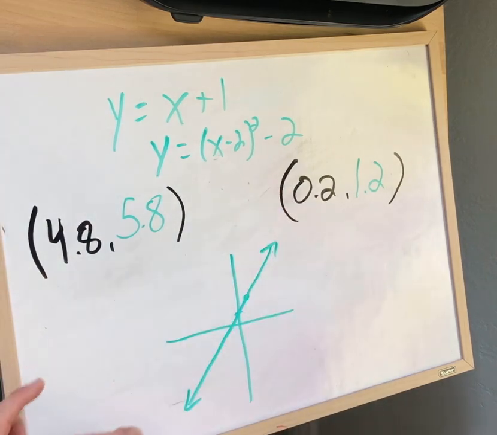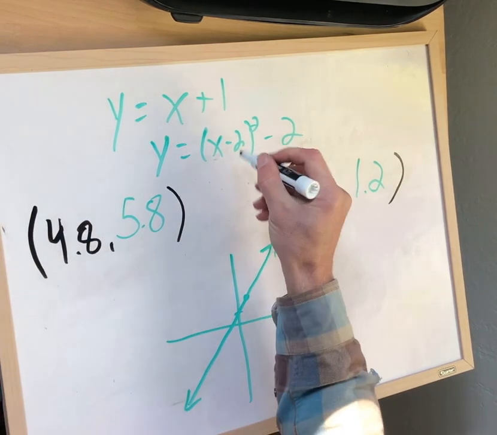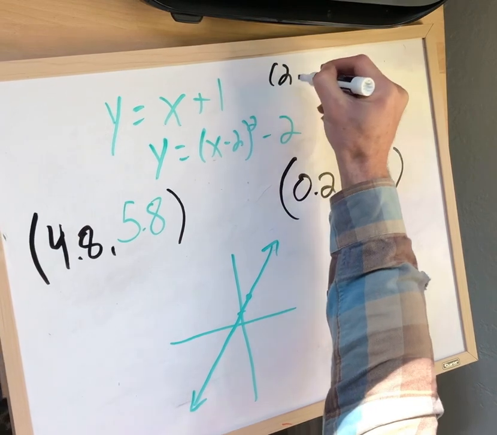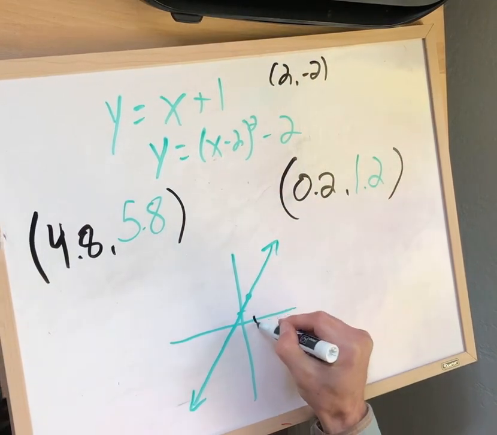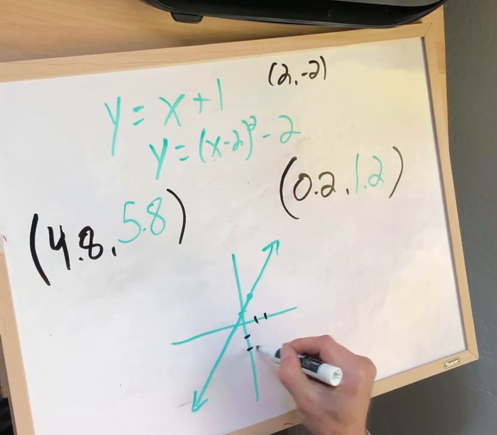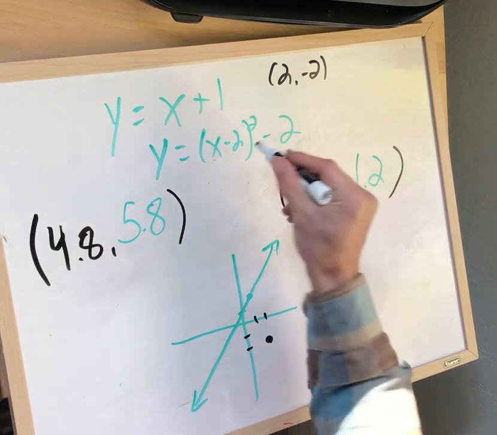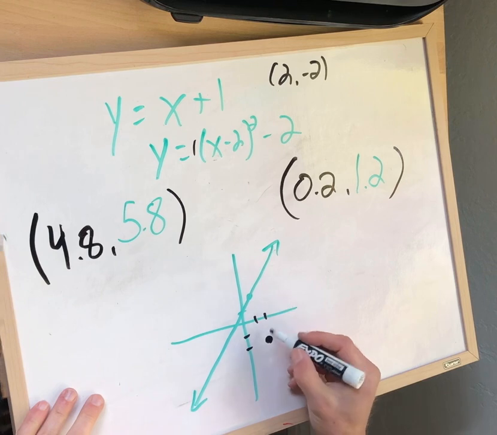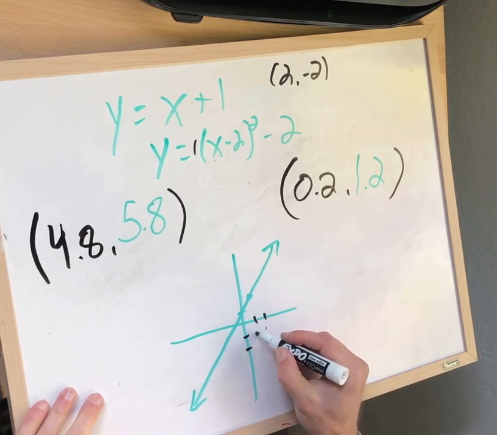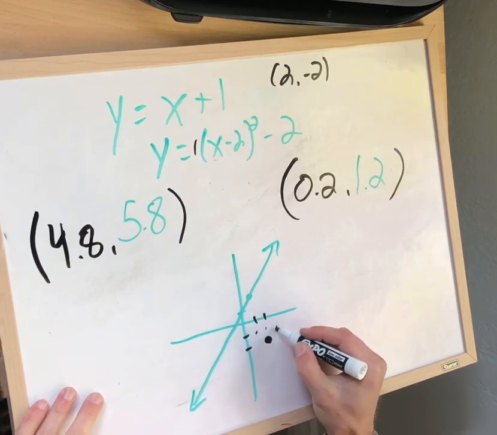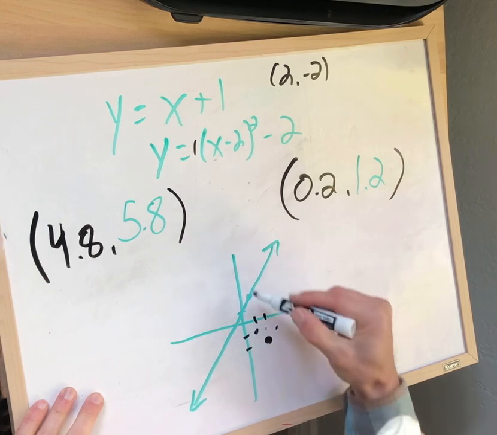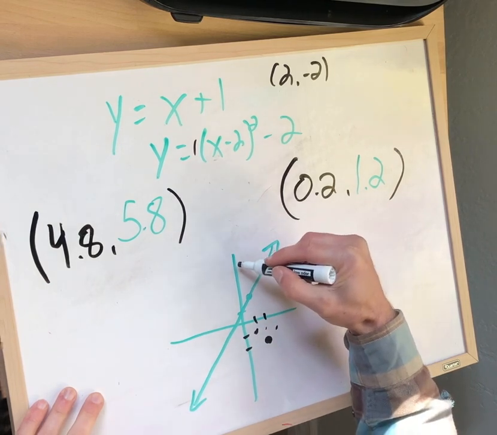All right, and then I'm going to graph my quadratic. I have a vertex of positive 2 and negative 2. And then my shape is an invisible one, so I technically go up 1 over 1 initially. And then I'm going to graph it, and it's going to look, I don't know, something like this.